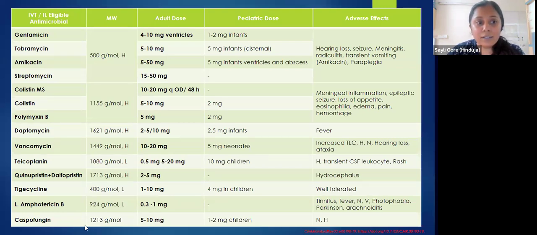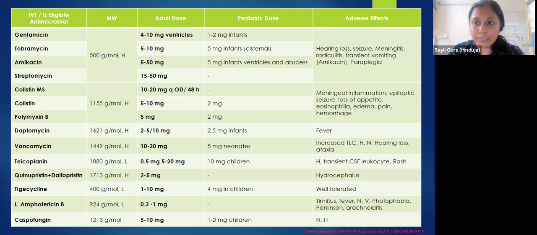So in adults, there are a little bit higher doses than in children, because the ventricular spaces, the CSF spaces, are much smaller in children. But the only thing is, with vancomycin in meningitis, sometimes the ventricle size is normal, sometimes it is higher.